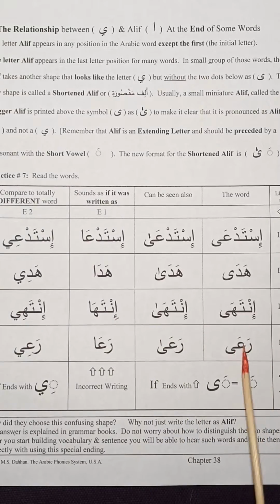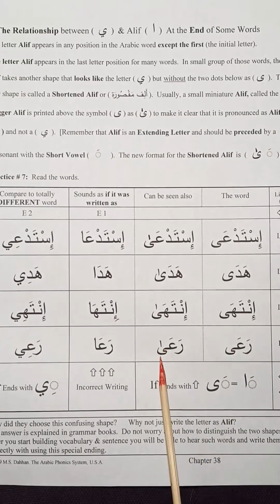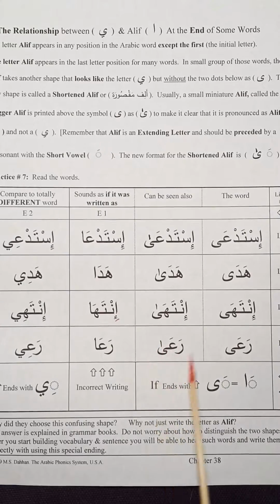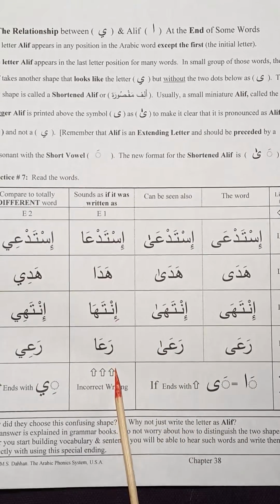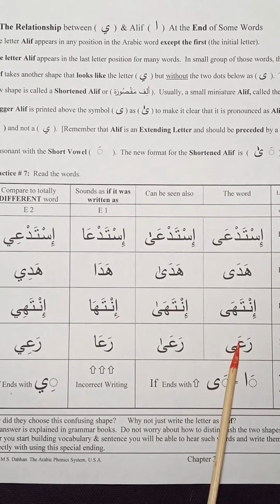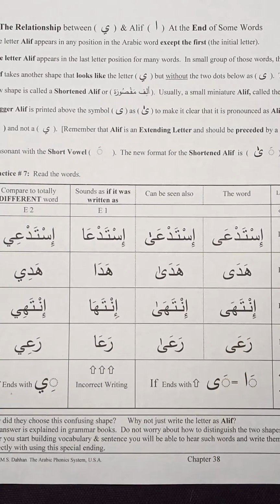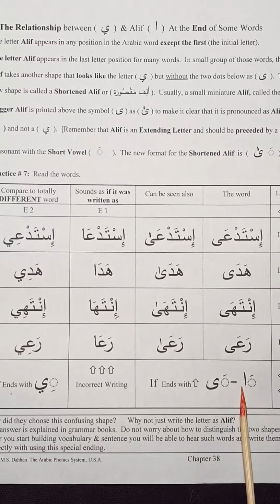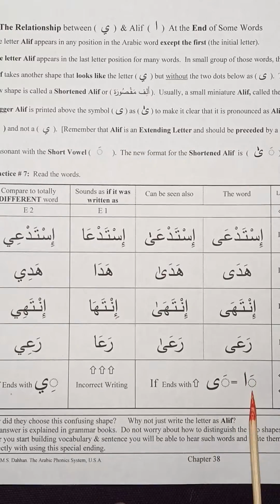That's the way it is. Ra, here ra, it's like this one, the same. You see it like this, and it's pronounced like this. But because of the shortness of the vowel here, this is a totally different word. Ra'i.